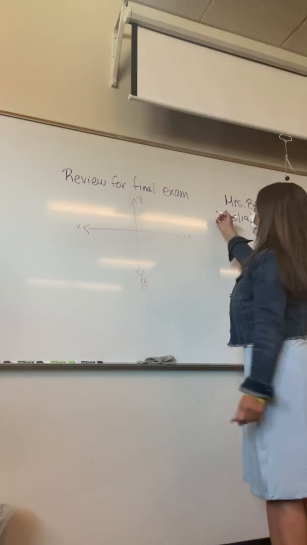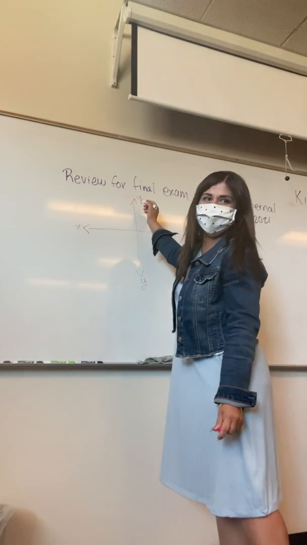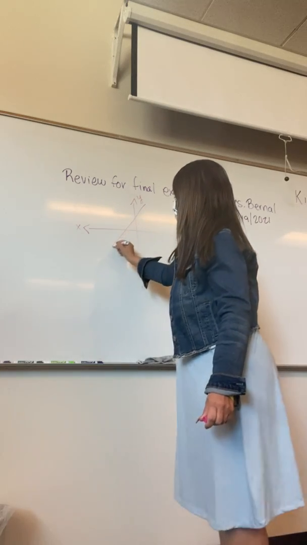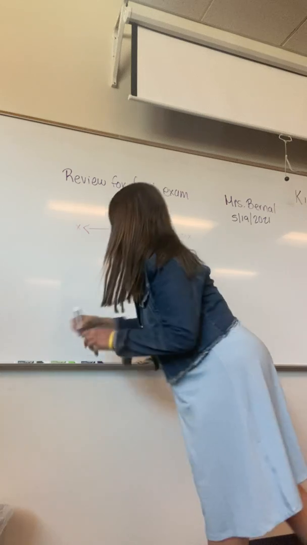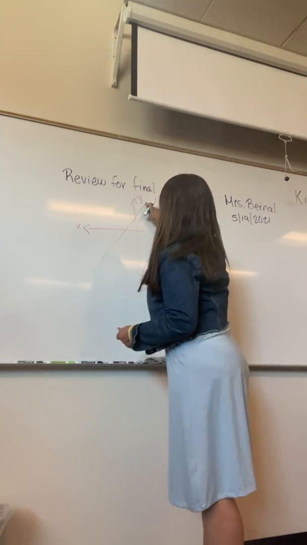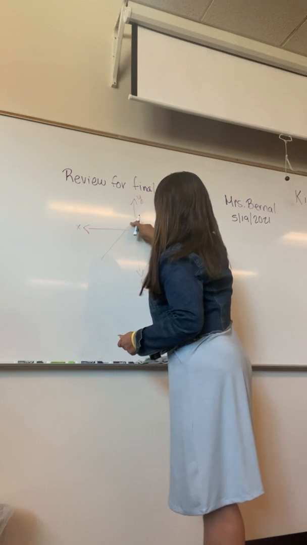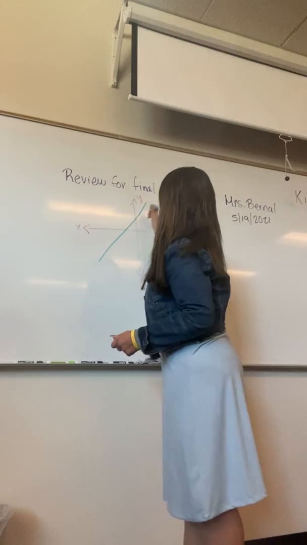To find the slope of the line, this line is kind of like this right here. I'm just gonna use another color so you can see the difference. So this line goes like this.